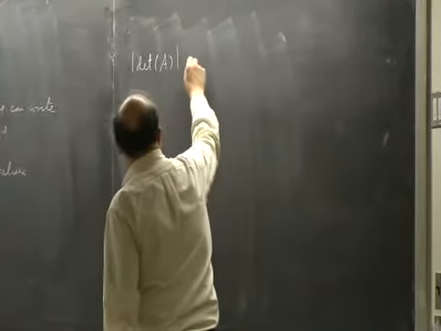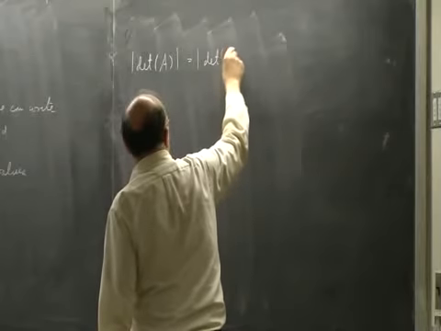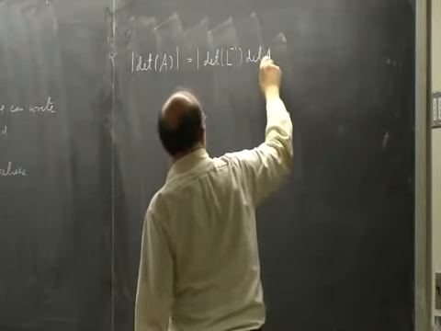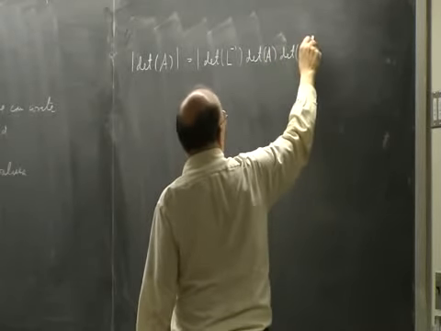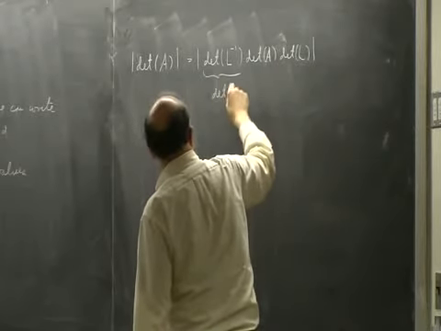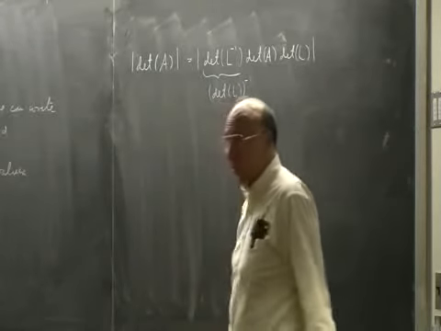what do I have? This is equal to the determinant of L inverse times the determinant of A times the determinant of L, since this is actually equal to the determinant of L, and it's invertible.